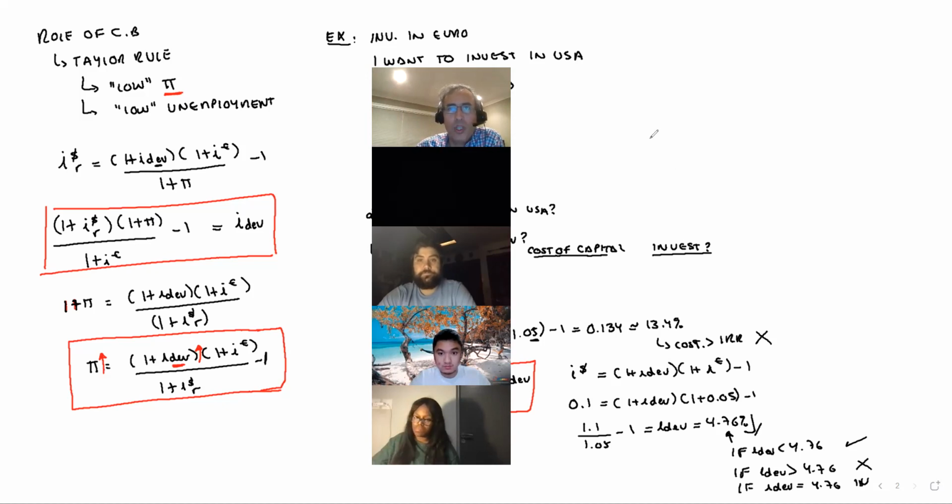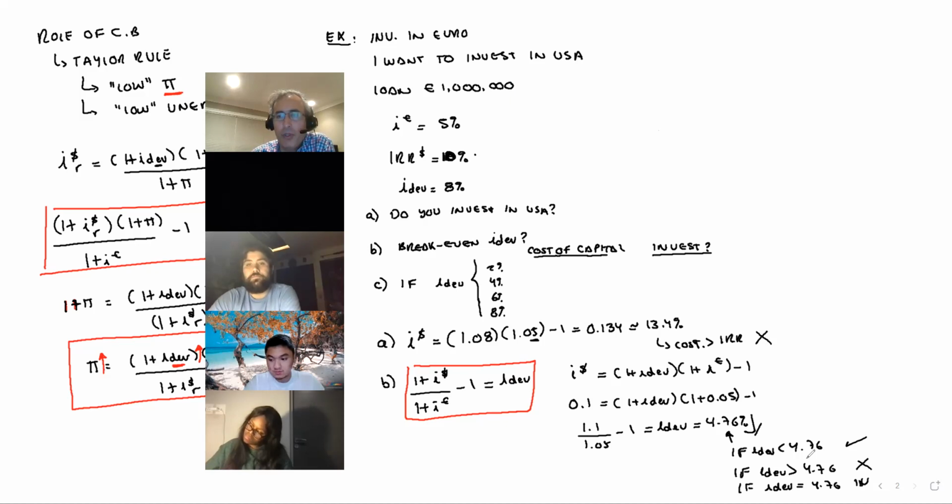Okay. And so that's why the break-even, guys, is crucial and very, very important to learn. If we know this number here, we don't need to be making computations here. Correct? So what is the cost of capital here? I will do only one. This is going to be 1.02 that multiplies 1.05 minus 1, correct?